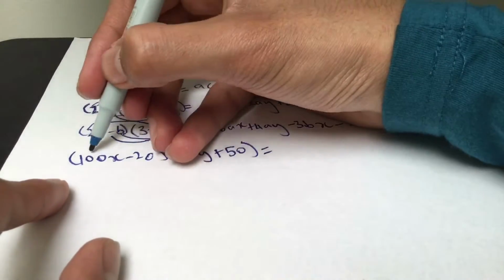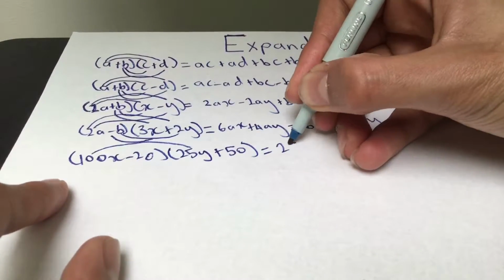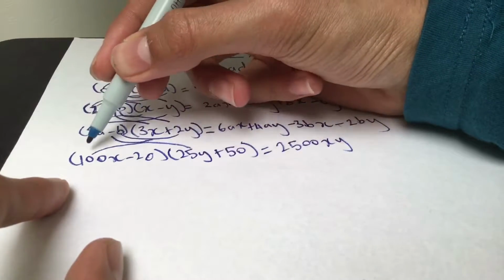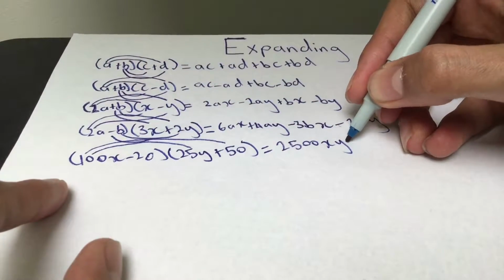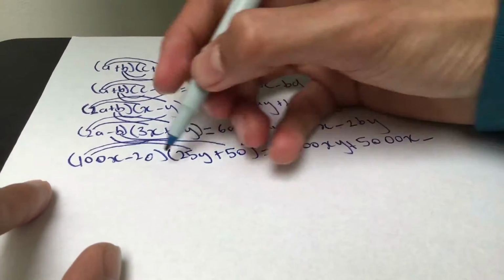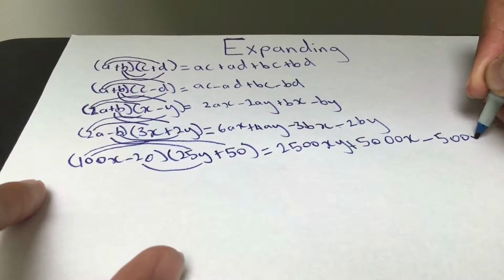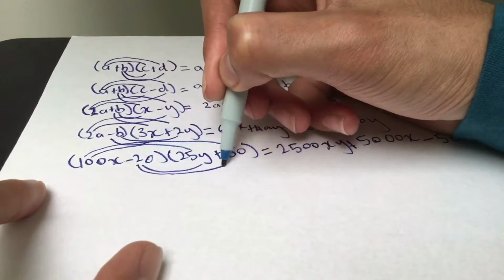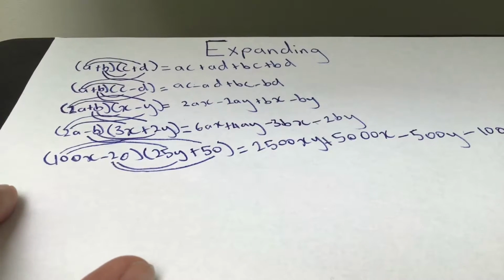Okay, so we go 100x times 25y, which gives us 2,500xy, and then we go 100x times 50, which gives us 5,000x, and then we go minus 20 times 25y, which gives us minus 500y, and then the last step is minus 20 times 50, which gives us minus 1,000. As you see, that is our final answer.